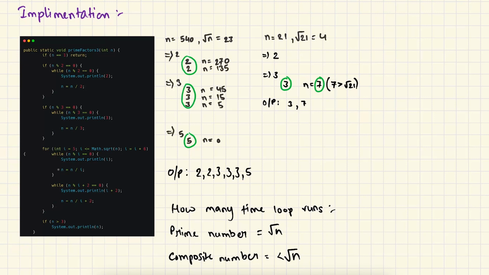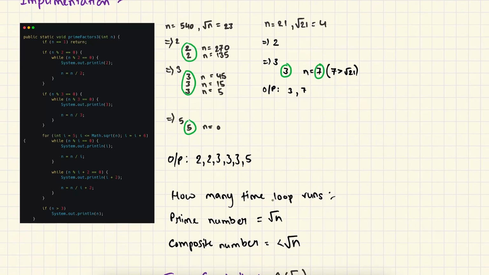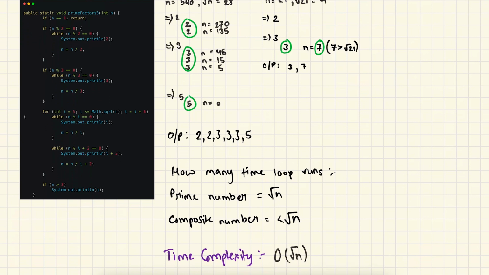As we are reducing n by i, the value of n is reducing drastically. So this for loop is not going to run from 5 to square root of n because we are reducing n again and again. So it's going to run less than square root of n times in case of composite numbers. So the overall time complexity of this function comes out to be upper bound of square root of n, that is big O of square root of n.